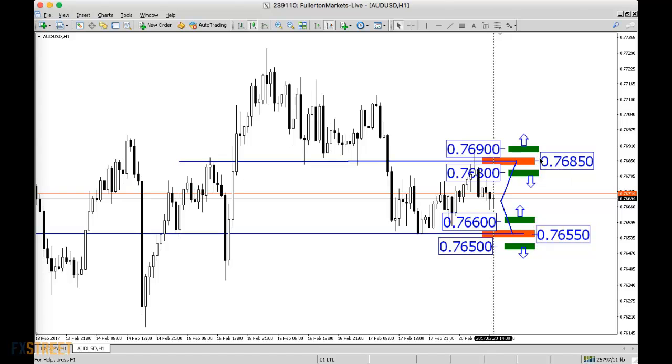So for example, if 0.7685, that area over there is a point whereby the market makes a decision. So as prices creep upwards to the area between the orange box and the green box, I can only suspect maybe the market is going up.